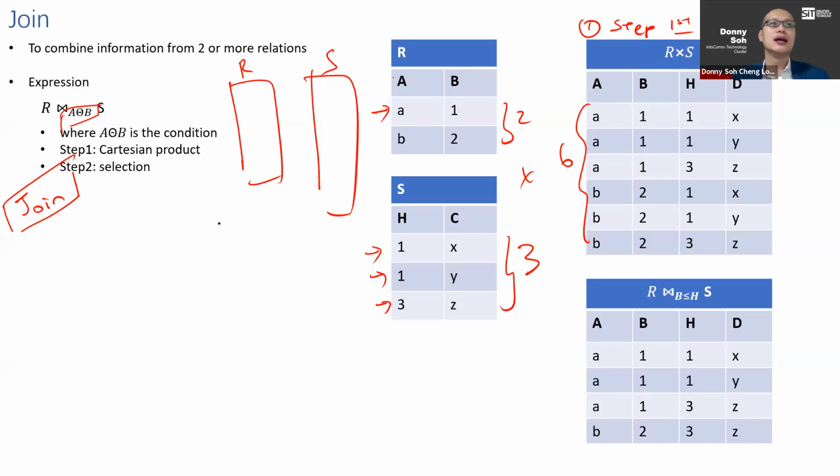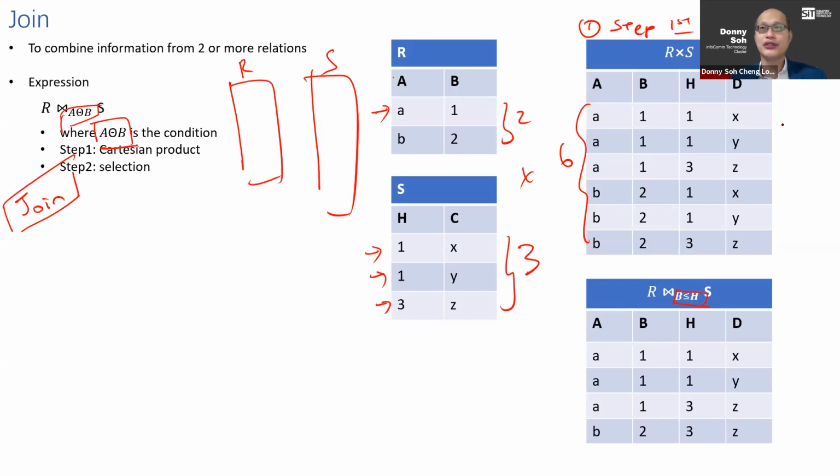The first step is the Cartesian product. The second step is we do the selection based on this condition. Based on this Cartesian product, we select based on a certain condition, in this situation B less than or equal to H. We look at this table and see which tuples or rows fit this condition.